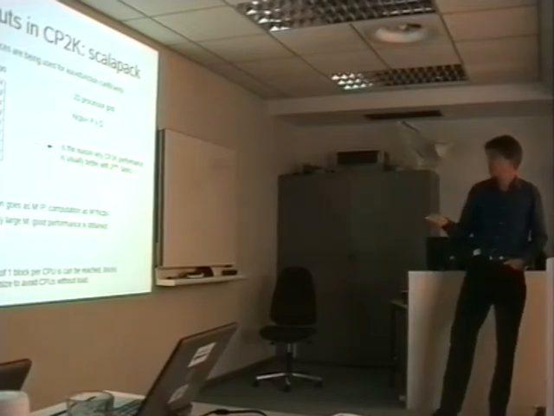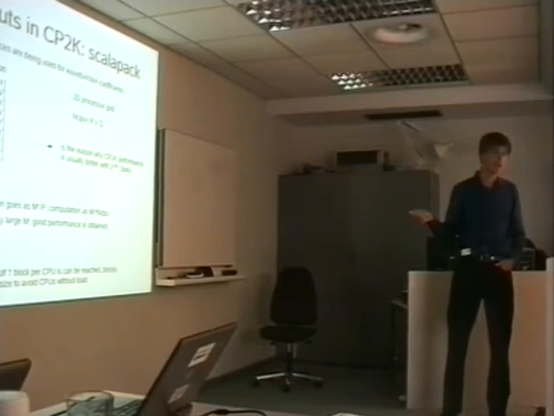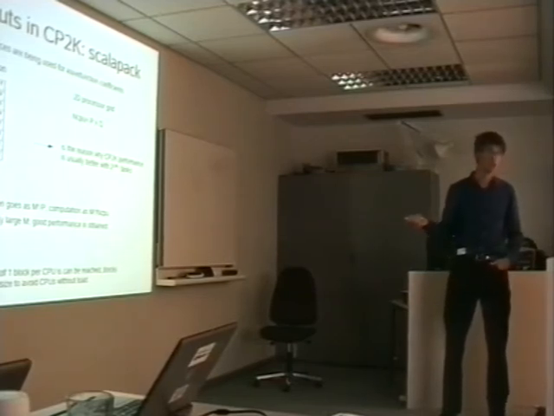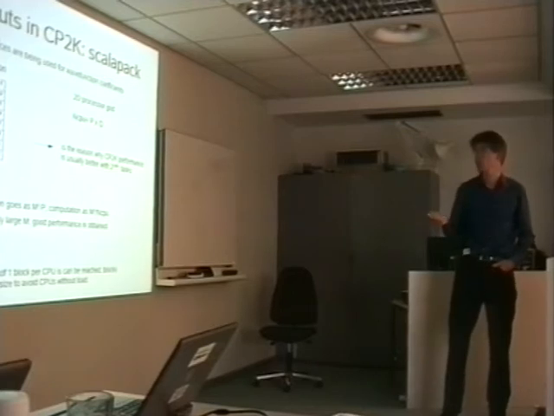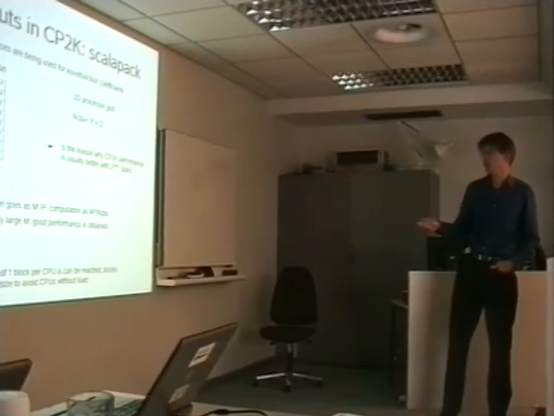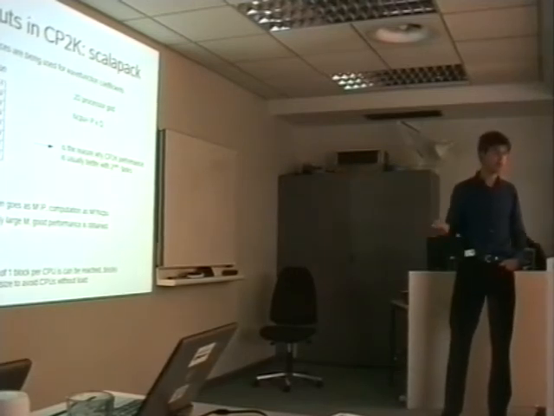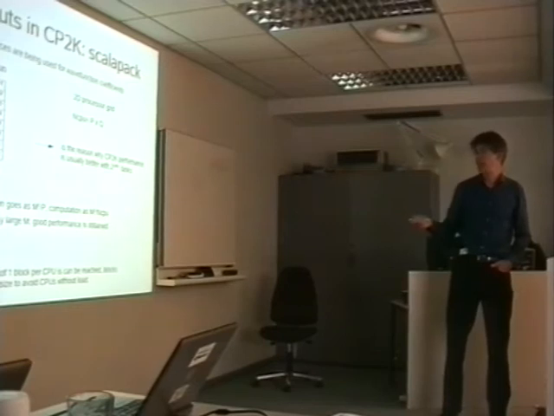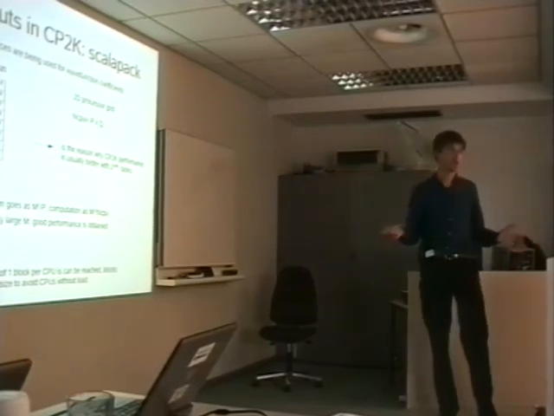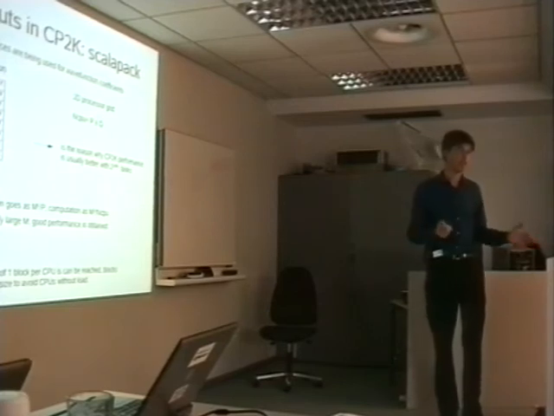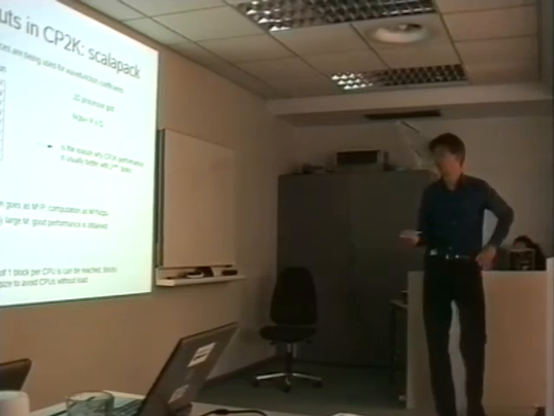This is also the reason why CP2K usually performs better if the grid is a square power of 2, because then this distribution is kind of optimal. In principle, the communication goes as 1 over P, while the computation goes as 1 over n CPU, so both parts scale. And if M, the size of the matrix, is sufficiently large, computation fully dominates communication, and you would get very good efficiency.